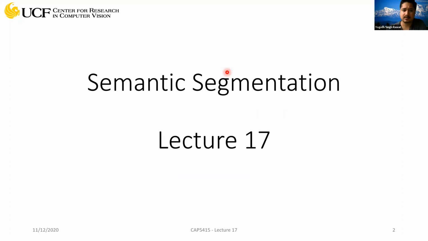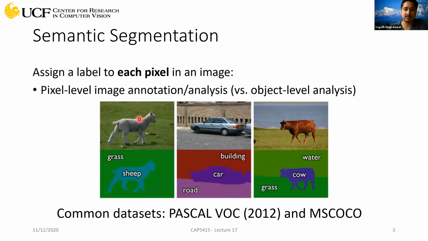In the last couple of lectures, we talked about image segmentation, and they are very much related to each other. For image segmentation, you divide different segments of your image, and we learned different approaches to do that.